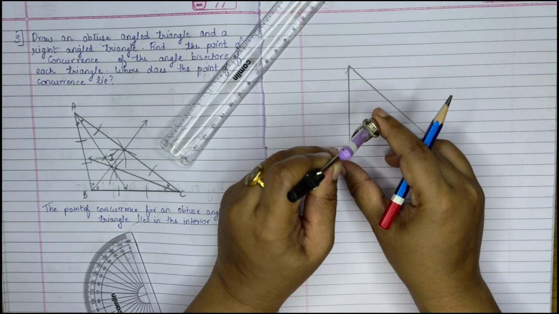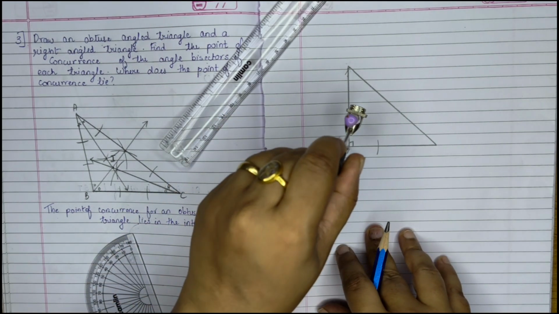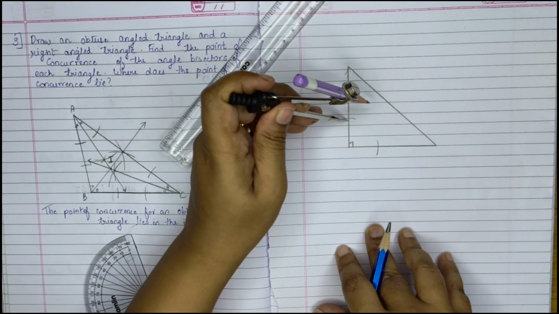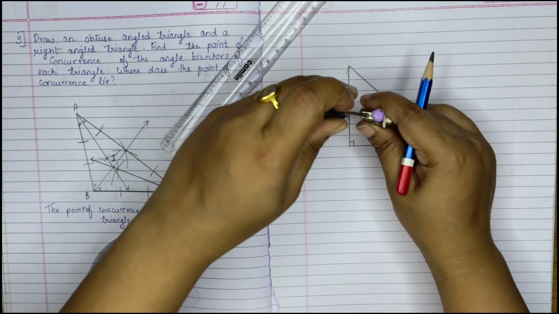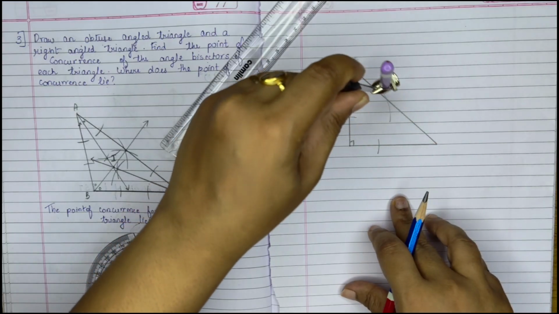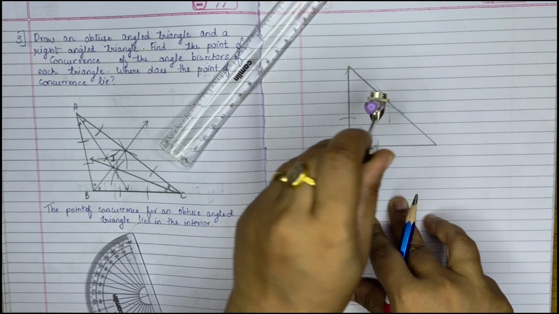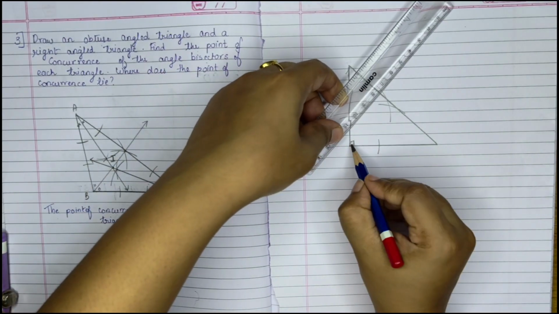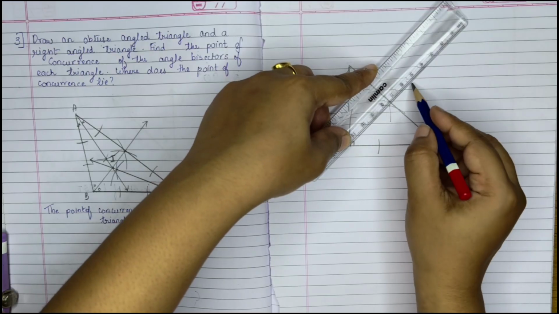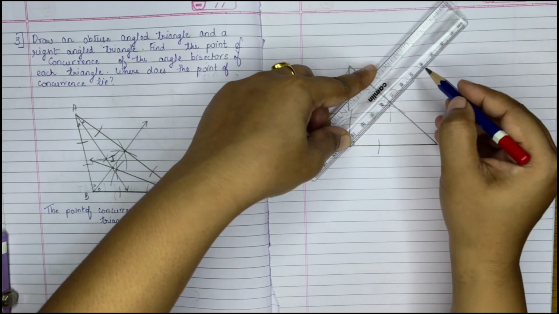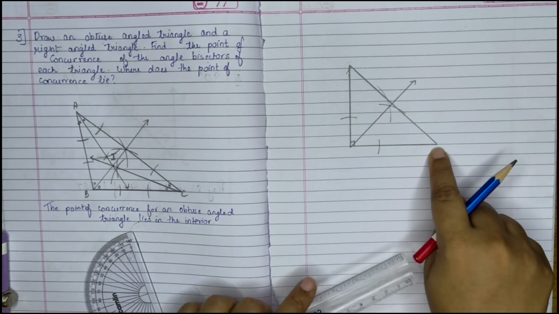The same way. So this is the bisector. Now another bisector we will draw from this point.